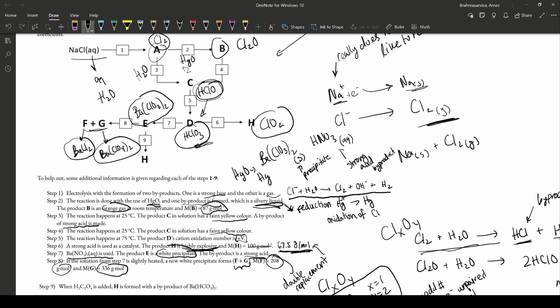You might not know that one gas is orange, one gas is yellow, and this thing in solution is green, but hopefully you're able to put together the little information you do know and solve the question even without knowing all this trivia. I hope this video gave you an idea of how, even when you don't know everything, to make educated guesses and go back and check that your educated guesses make sense.